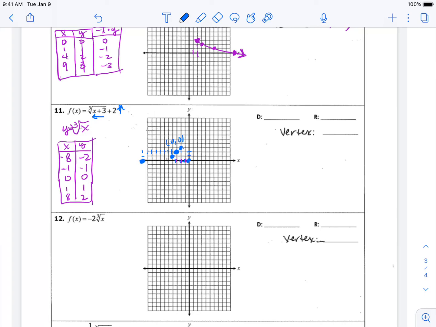And from here, that's 1, 2, 3, 4, 5, 6, 7, 8, and up 2. So I'm just counting from my new shift. And then I'm going to erase all my little counting here so it makes it easier for me to draw in my curve and say that this is going to be the graph.